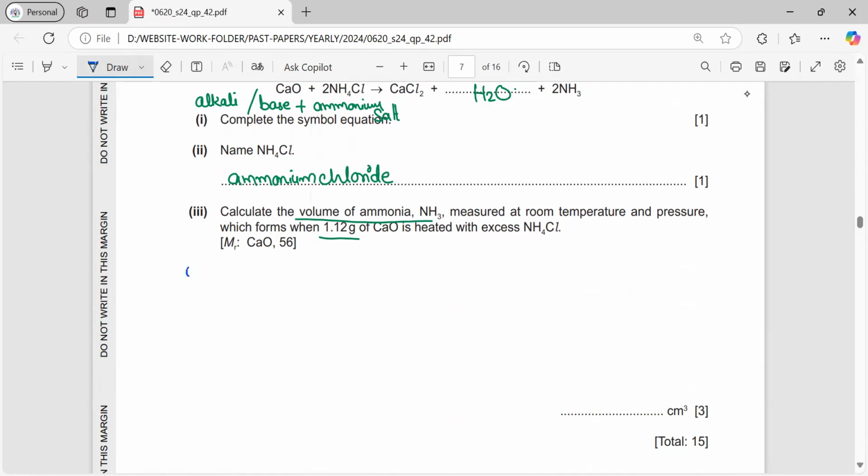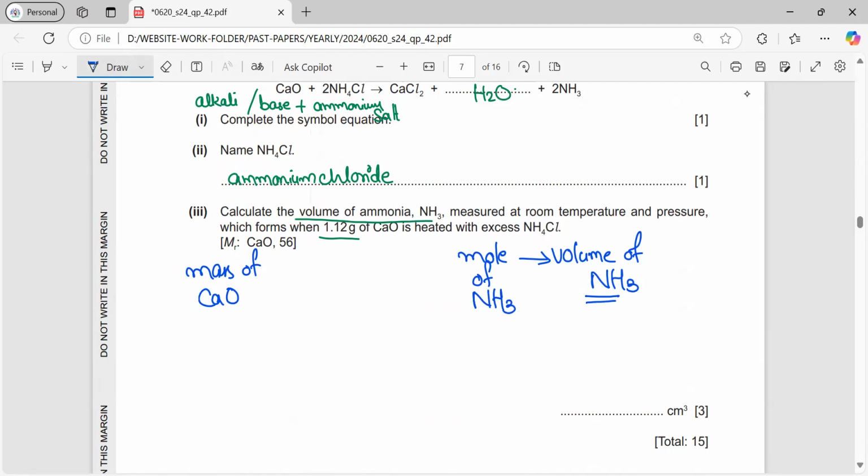Here, we need to understand that the mass of calcium oxide is given to us, and the volume of ammonia is required. We cannot calculate the volume of ammonia if we do not know the moles of ammonia. So we should know the moles of ammonia first.